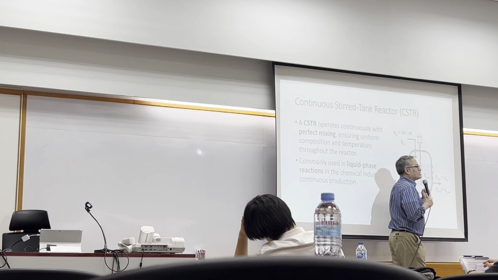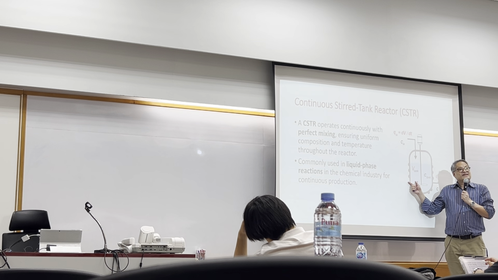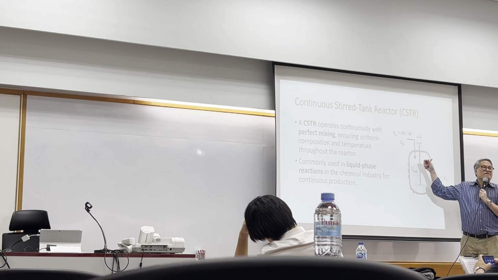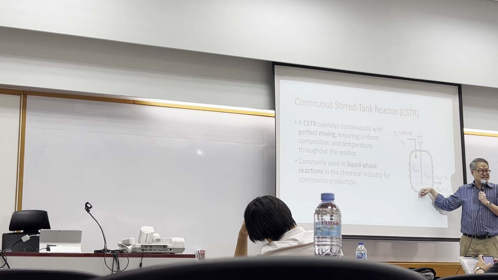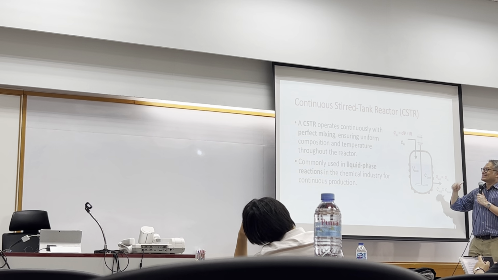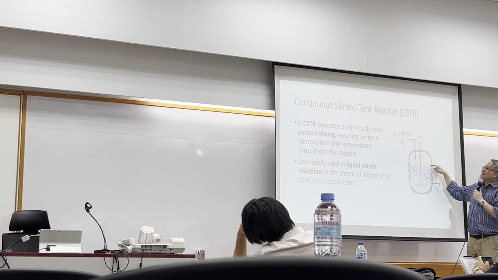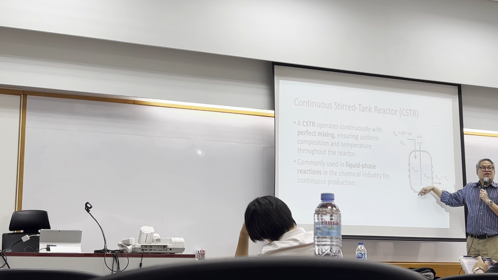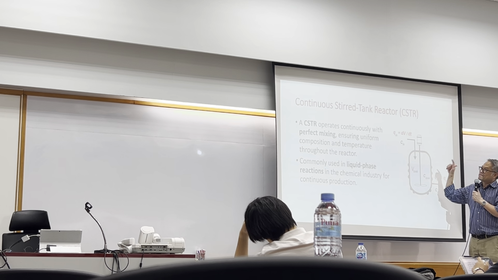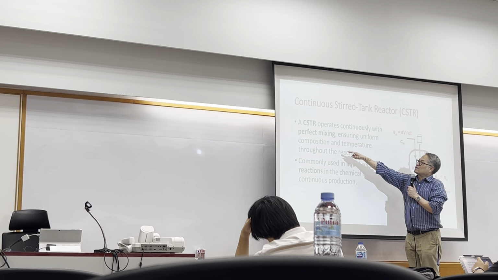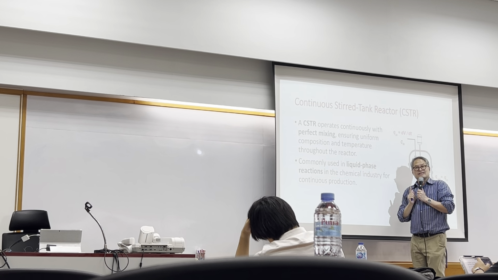It means the propeller is so good that it makes everything have the same composition. It's a magic propeller, a magic stirrer, mixing everything so the whole tank has the same composition. That's the perfect mixing assumption. So it has uniform composition and temperature throughout the reactor.